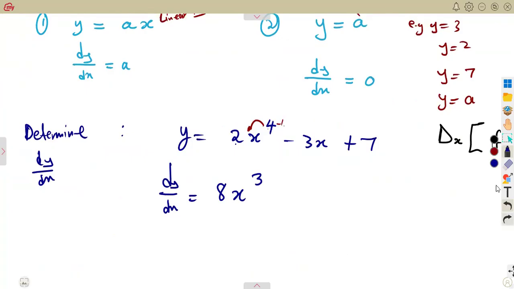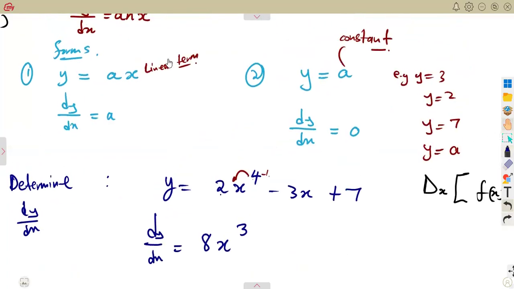Minus 3x, this is a linear term, just like what we had. Ax is going to give us a, which is the coefficient of x, which is negative 3. 7 is a constant, just like a, so the derivative of a constant gives us what? A 0. So it was supposed to be plus a 0, which means there is nothing there. Just like that.